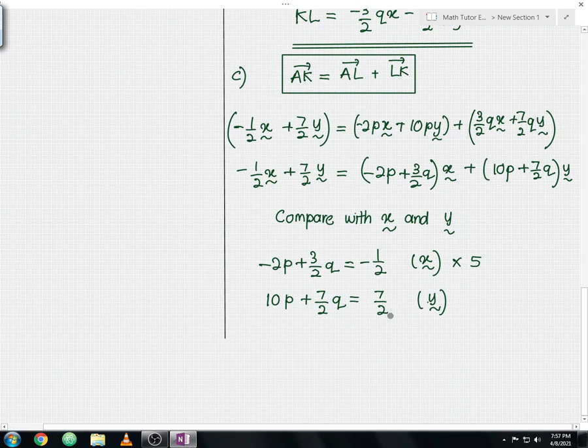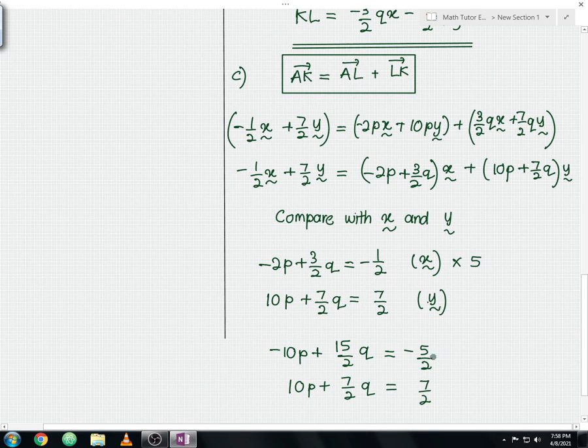So from here let us rewrite it. So from here negative 10p plus with 15 over 2q. So from here you should get is negative 5 over 2. Okay, and then from here you just copy paste this equation. 10p plus with 7 over 2q is equals to 7 over 2.